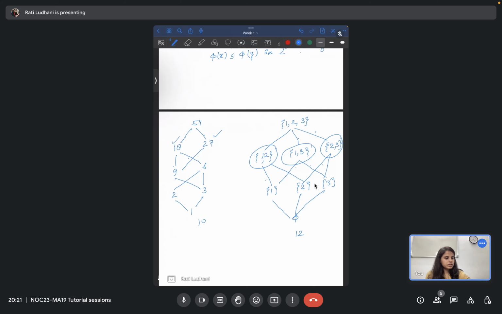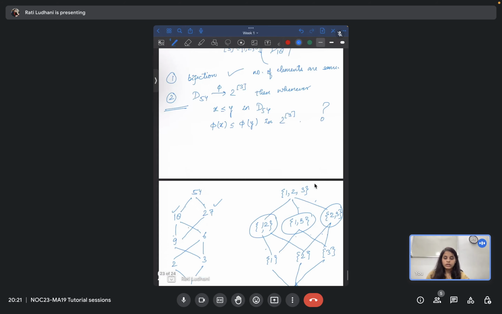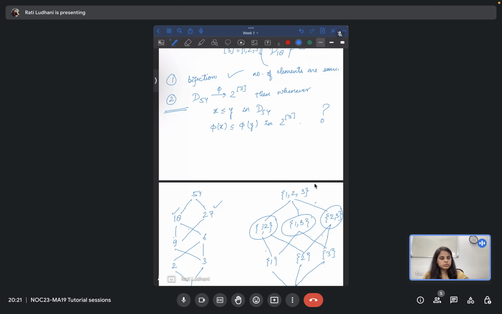If I've counted right, exactly 12. So the number of covers are exactly 10 here, and here these are 12. So any map you choose, you are not going to get what you need. So you can directly say from the Hasse diagram that you cannot define an isomorphism between these two sets.